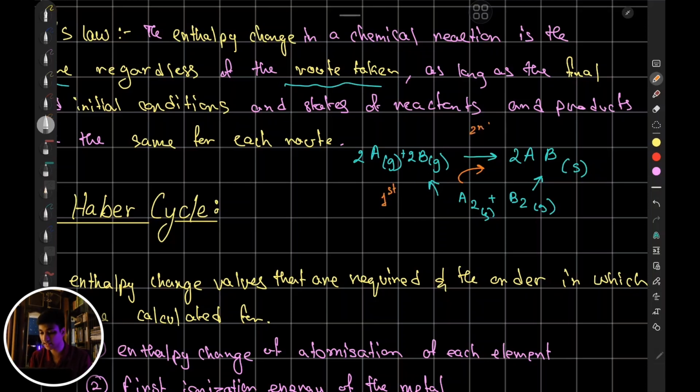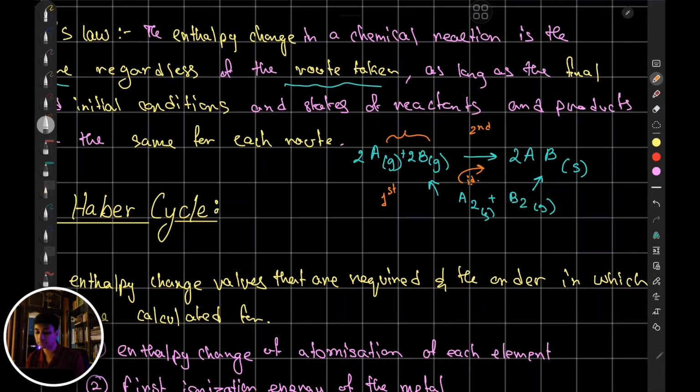What is the second step? You're reacting both of these atoms and producing 2 moles of AB. So bonds are being formed, and it's going to be an exothermic reaction. So you're forming 2 moles of AB. Fair enough. So this is route 1, or the indirect route.